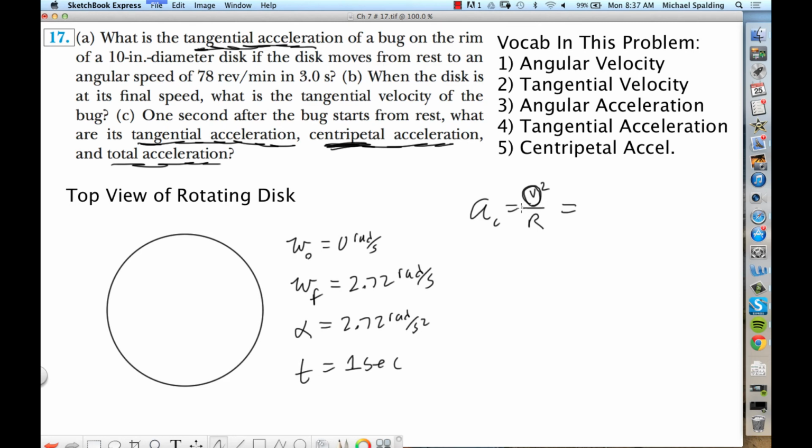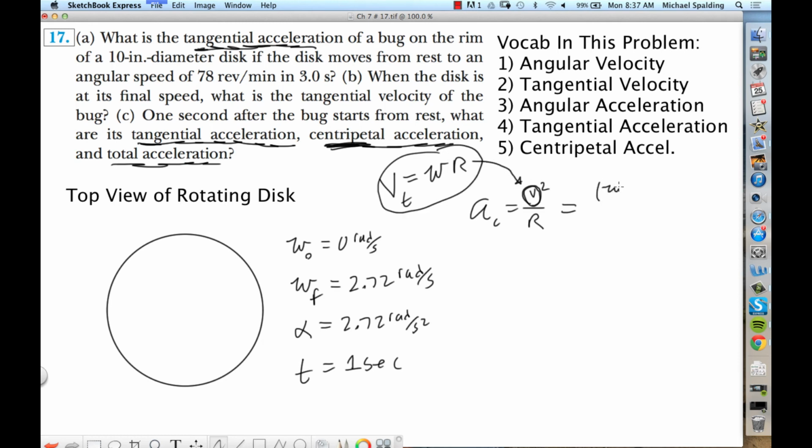Could we get it? Yeah. So let's get that. Or actually, here's what you could do. What's the equation for tangential velocity? It's angular velocity times radius. So take this, plug it in there.